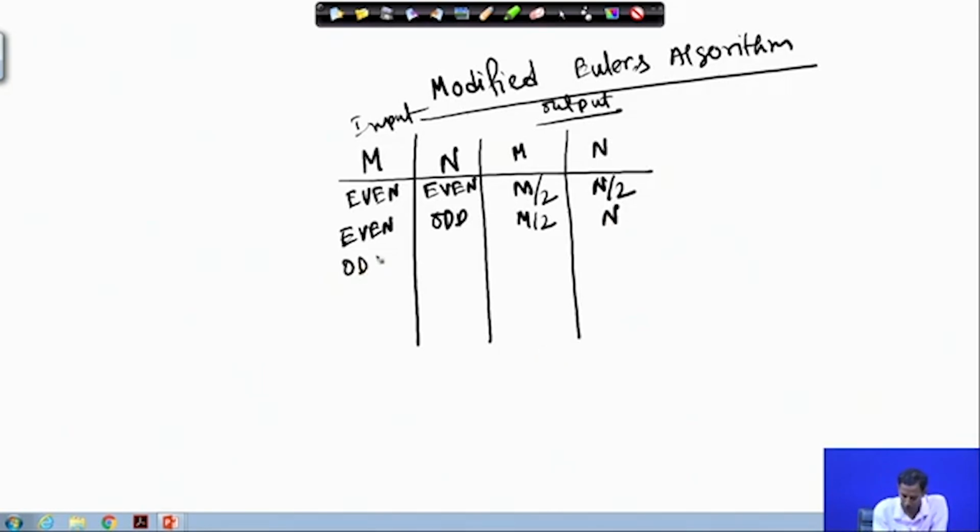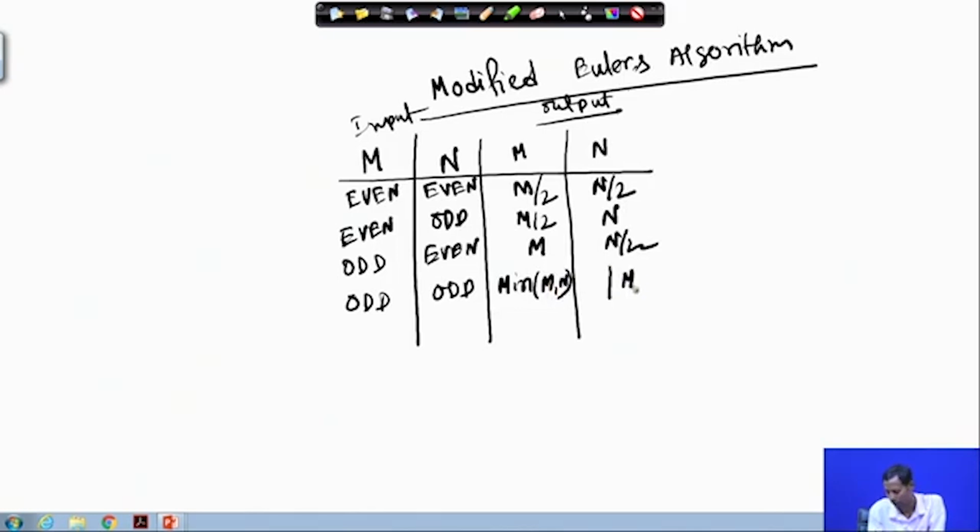If m is odd and n is even, then m will be m and n will be n by 2. And when both are odd, at that time what will happen? This will be the minimum of m and n, and this will be the mod of m minus n.